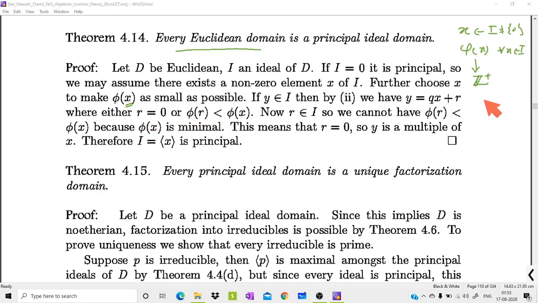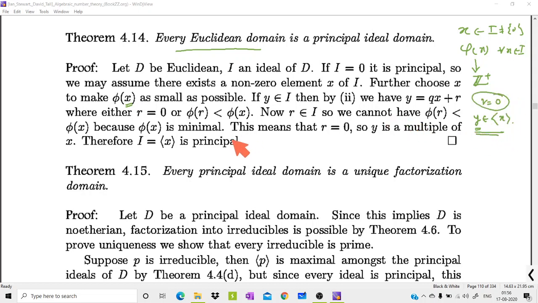If r is 0, we are done: y belongs to the ideal generated by x, so any element of I is a multiple of x, and I is generated by x. Otherwise, our intention is to prove that r equal to 0.